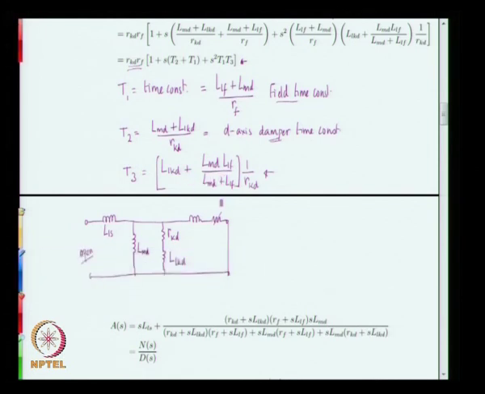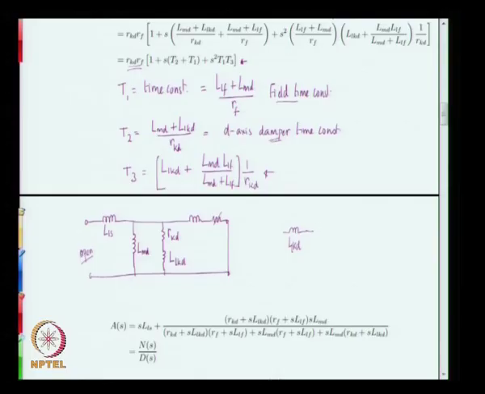Suppose you look at the resistance RKD, and across the terminals of the resistance RKD, if you want to find out what is the net inductance seen by this resistance, what would you do? You would have now this inductance connected like this.